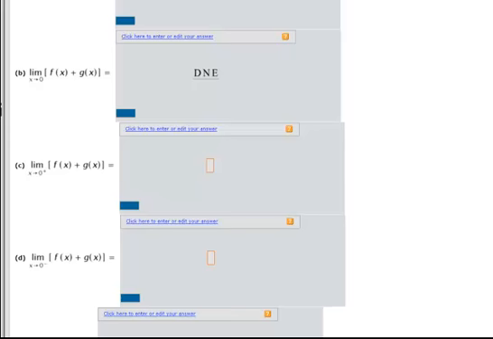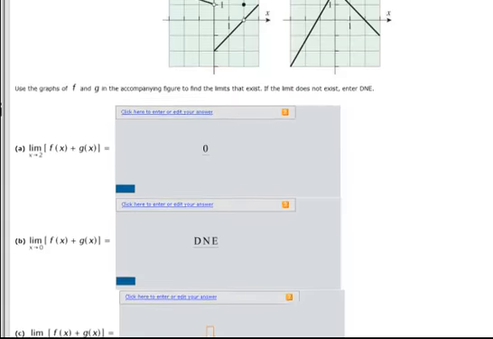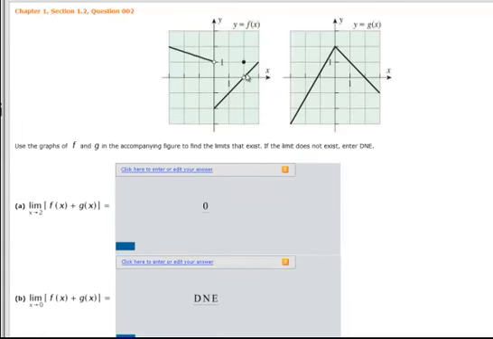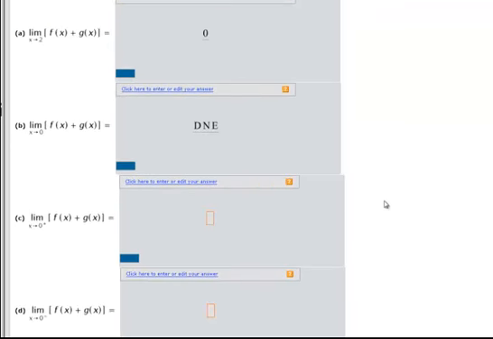Okay, let's look at the third one. The limit as x approaches 0 from the positive direction of those two. So now, as we approach 0 from the positive side, we get negative 2. And as we approach 0 from the positive side over here, this is negative 2, and this appears to be positive 2. So we have negative 2 plus positive 2, so a total of 0.